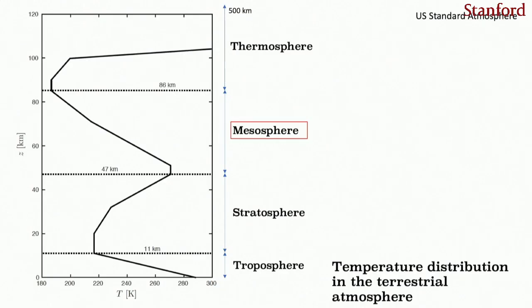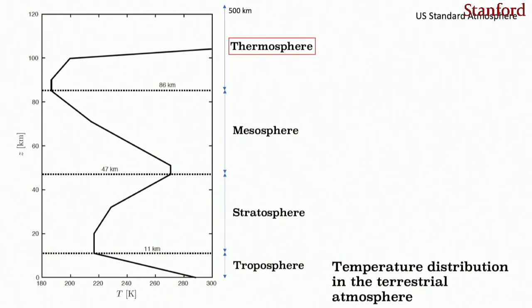The next layer is the mesosphere, that spans from 47 kilometers till 86 kilometers of altitude. The upper part of the mesosphere is already the boundary of the domain that we care for in hypersonics. And the next layer is the thermosphere. Everything that happens above the mesosphere is highly dynamic and highly rarefied, and it is influenced by the solar radiation.